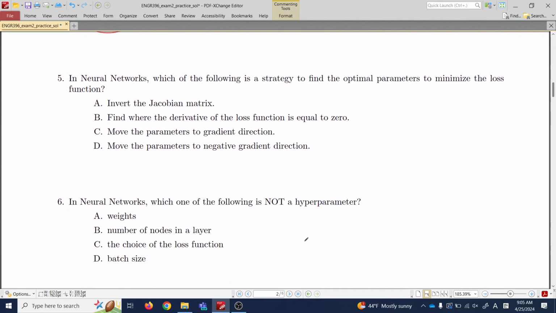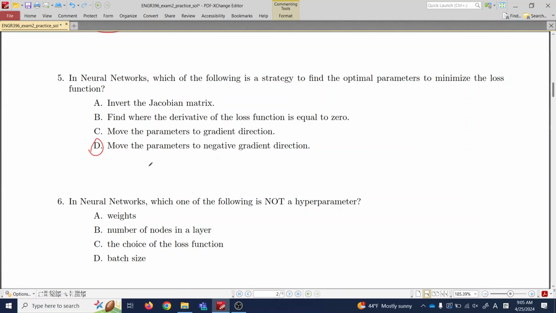In neural networks, which of the following is a strategy to find the optimal parameters to minimize the loss function? D. Yeah, you move in the negative gradient direction, because the gradient is the direction where the function increases the fastest.